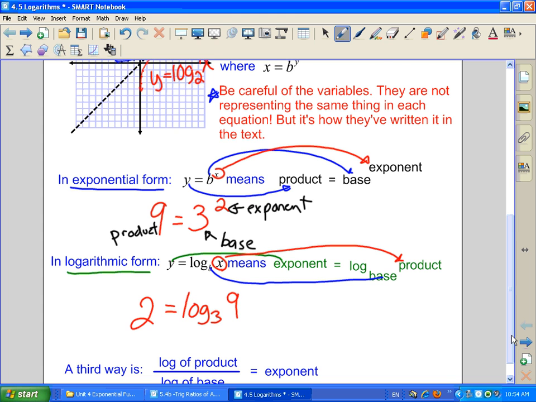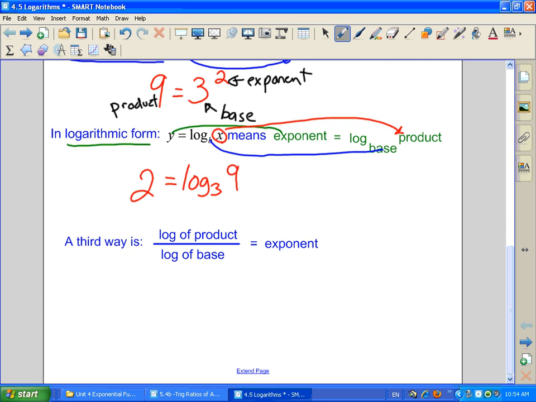A third way, ladies and gentlemen, to solve using this is the log of the product divided by the log of the base. So if I take my initial expression, 9 equals 3 to the power of 2, and I apply the log to the left side, it's going to be log 9, and I apply the log to the right side, it's going to be log of 3 raised to the power of 2.